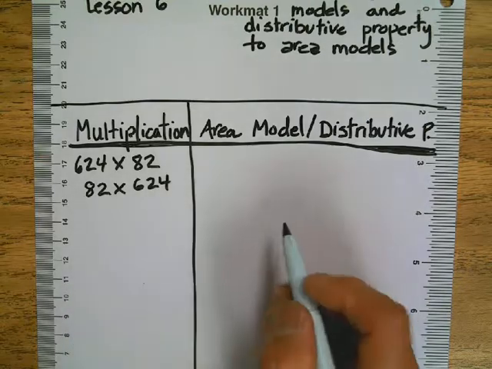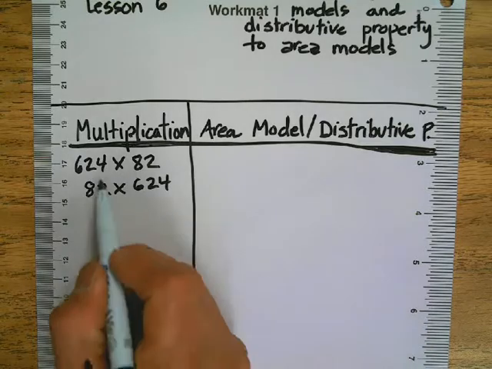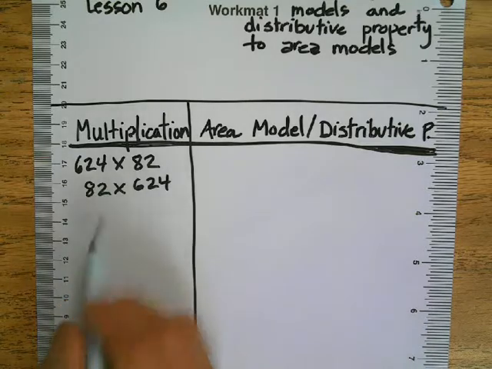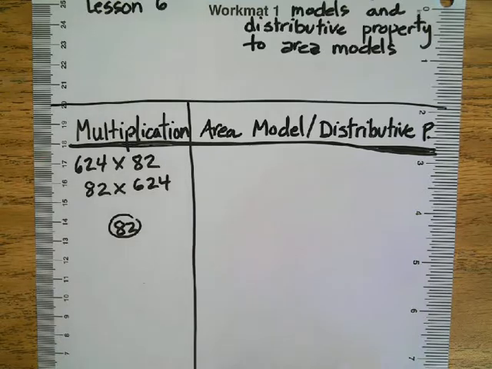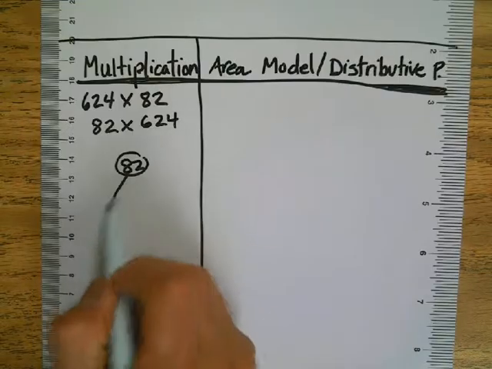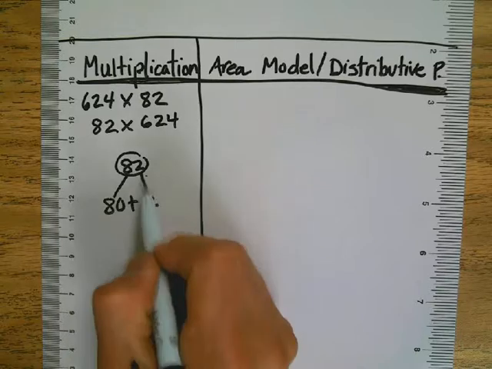Now one of the first things that students need to remember is that this number, 82, can be decomposed into 80 plus 2. Okay, so that's the decomposition.